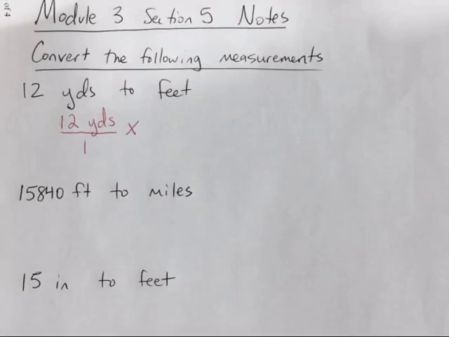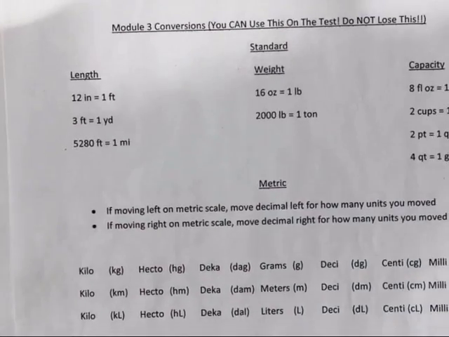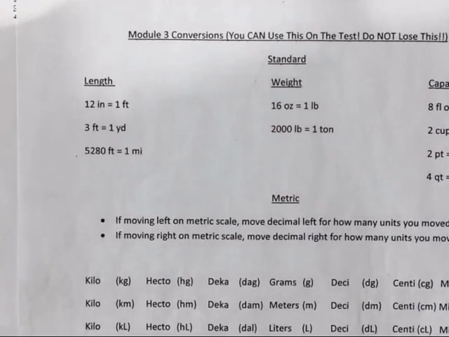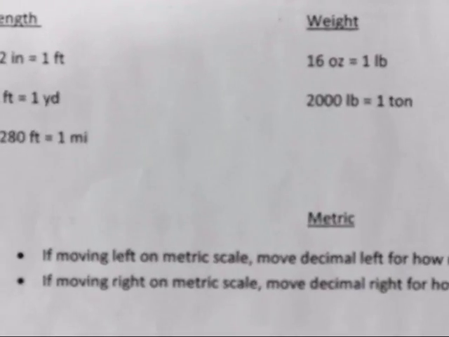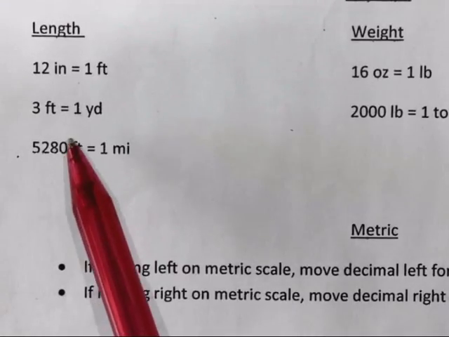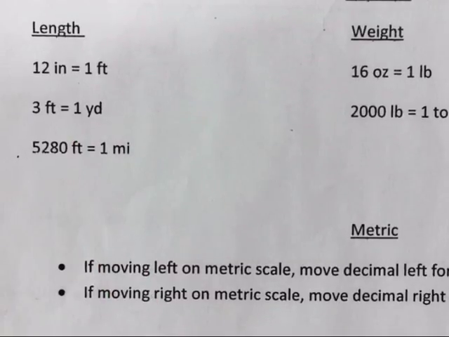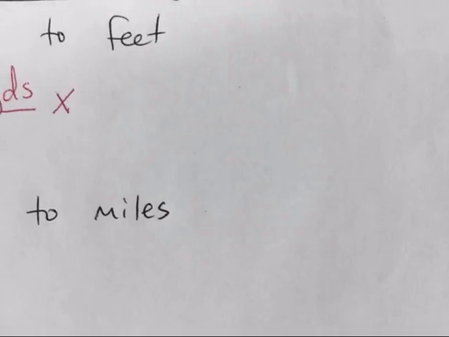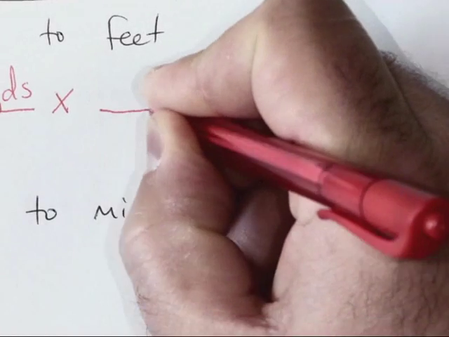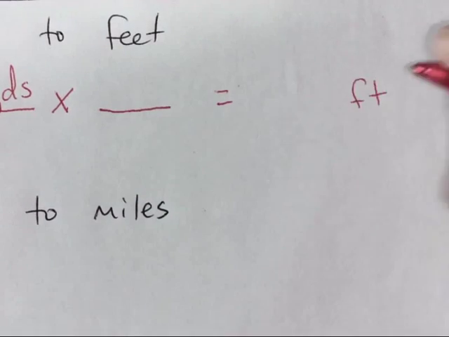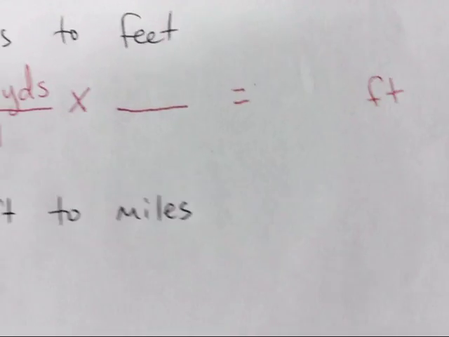So if I look at my piece of paper here for length, all right, I have a conversion from feet to yards, which is right here. 3 feet equals 1 yard. So I want to write that as a unit fraction, and I want to write it so that yards cancels, and I'm essentially left with feet in my answer because that's what I'm wanting to convert it to.